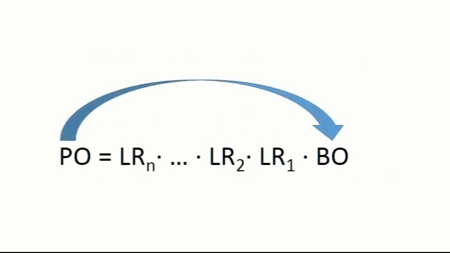So we can see Bayesian updating as an iterative process, starting with some prior odds. A piece of evidence updates them to posterior odds, which then become the new prior odds. Then a second piece of evidence arrives that updates those odds, and so on.